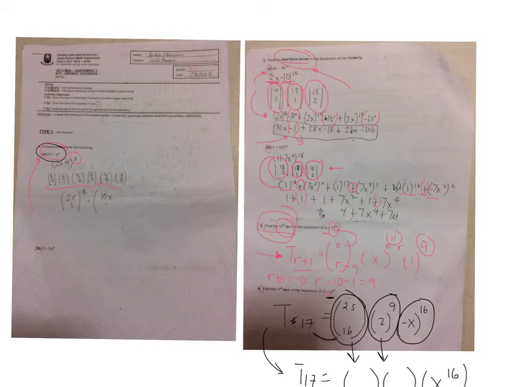So this is expanding binomial, finding the first three terms. 1 and 2 actually are almost the same. The only difference is that in number 2 you just have to find the first three terms, but the procedure is the same. And then in number 3 you have to find a specific term which has a formula.